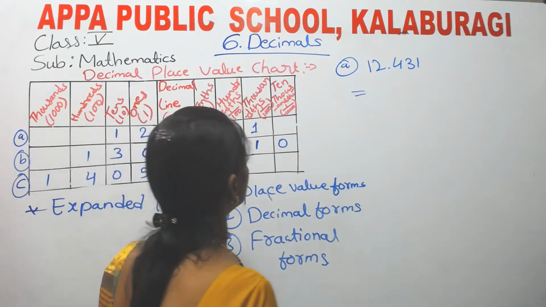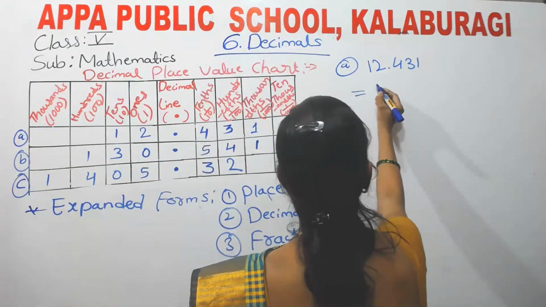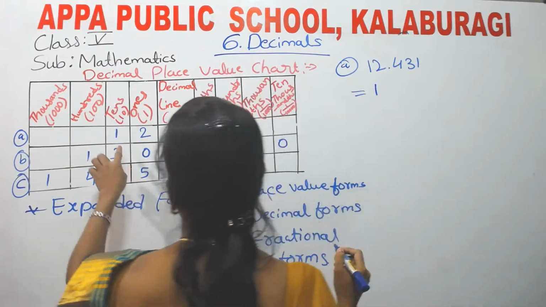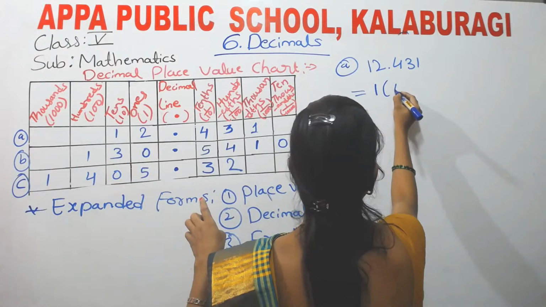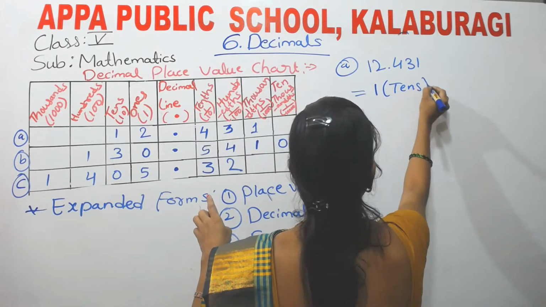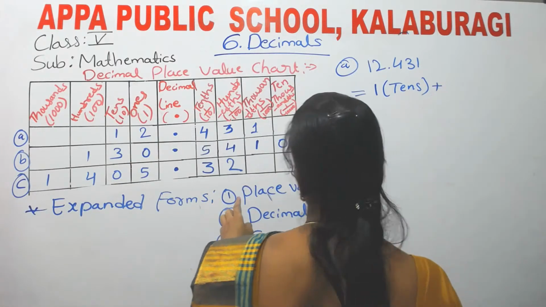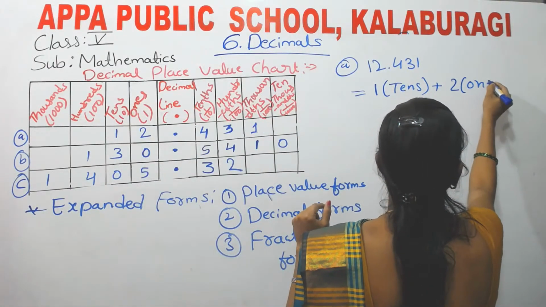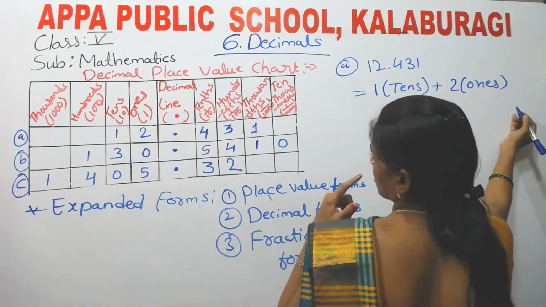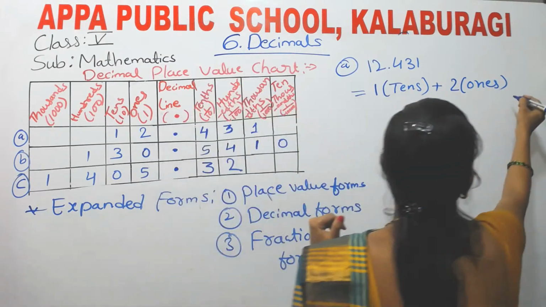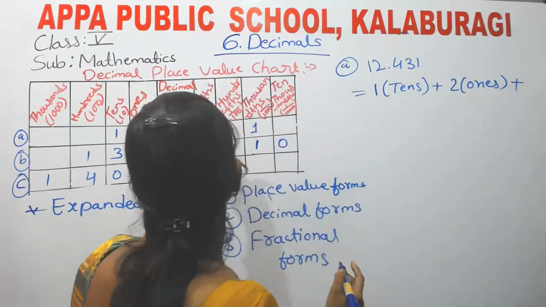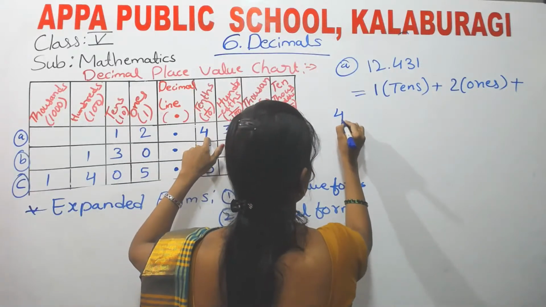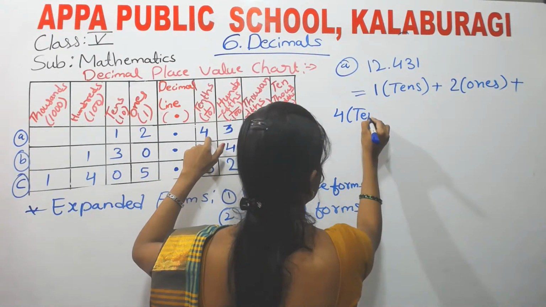Now how to do it? Now write 1. 1 is in tens place, plus, next, 2 is in ones place. Next, after the decimal point, 4 is in tens place.